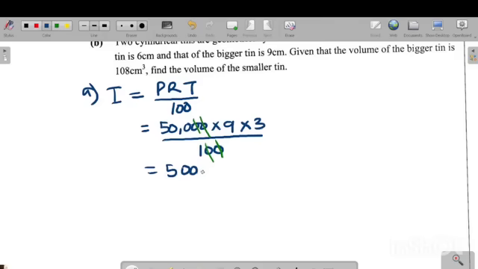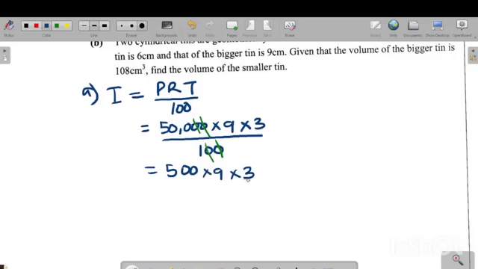Make sure that you don't deal with big numbers. Whenever there is a temptation to do with big numbers, you cancel them like this, you simplify them like this. So here we are remaining with 500 times 9 times 3. Okay, this is becoming easier.